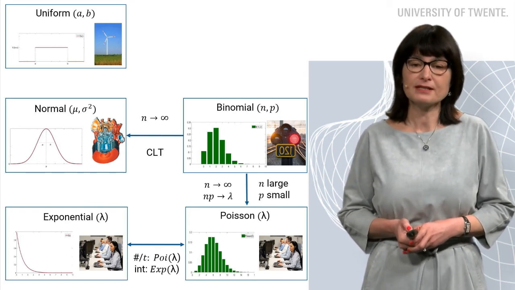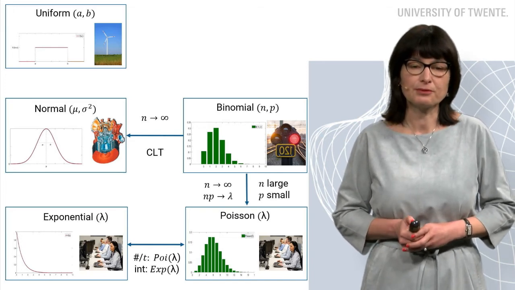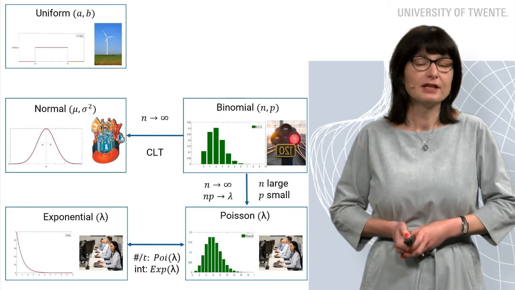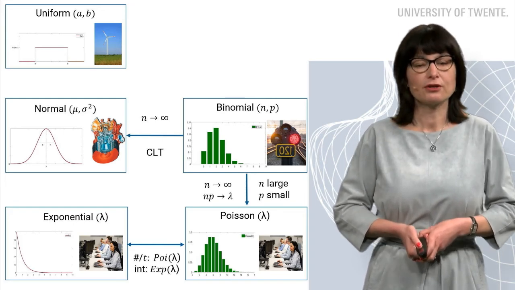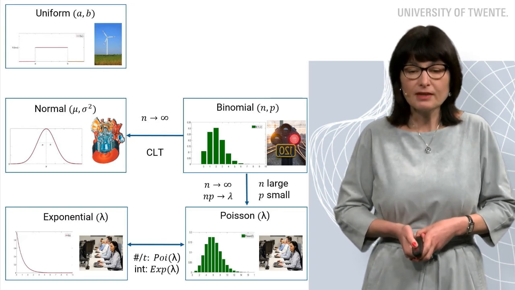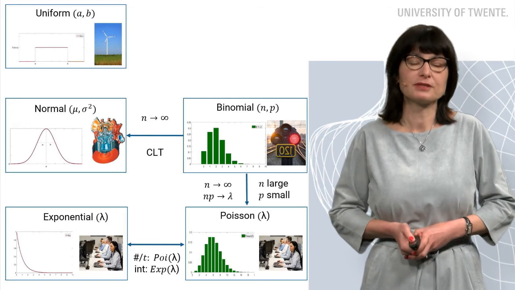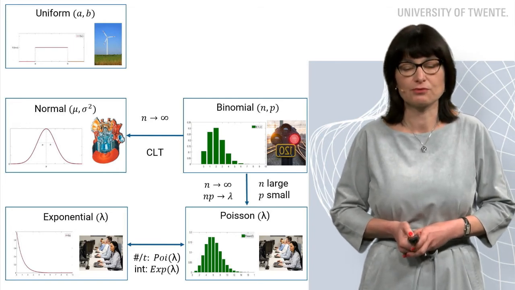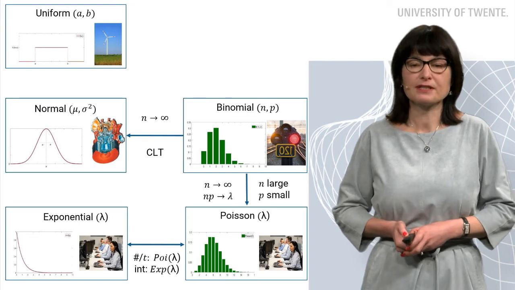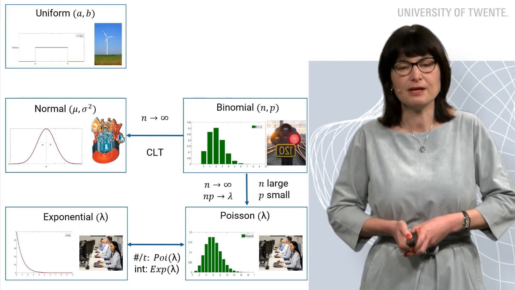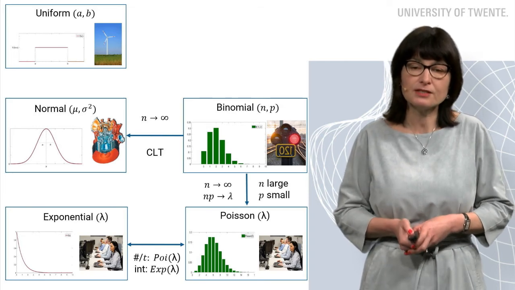The central limit theorem tells us that if you have a lot of independent random variables and you sum them up together, then no matter what distribution they had before, uniform or exponential, the sum will be approximately distributed as a normal distribution. Basically, large values and small values will compensate each other, and your sum will be likely concentrated around its average.